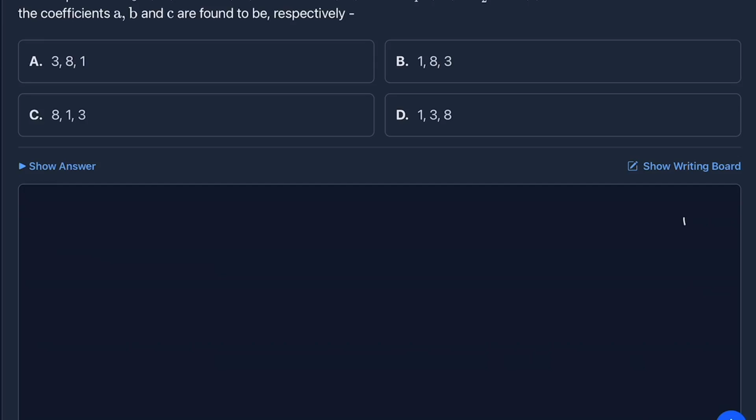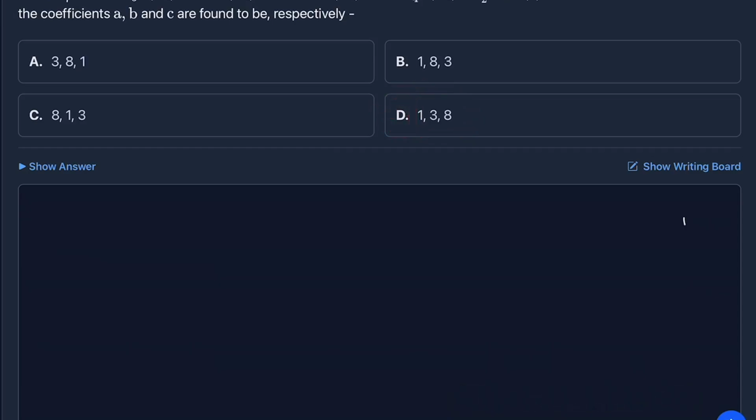Here how many Cr2O7 are there? Only 1. And SO3 are 3, and C, how many hydrogens? 8. So 138 is our correct option. D is our correct option.